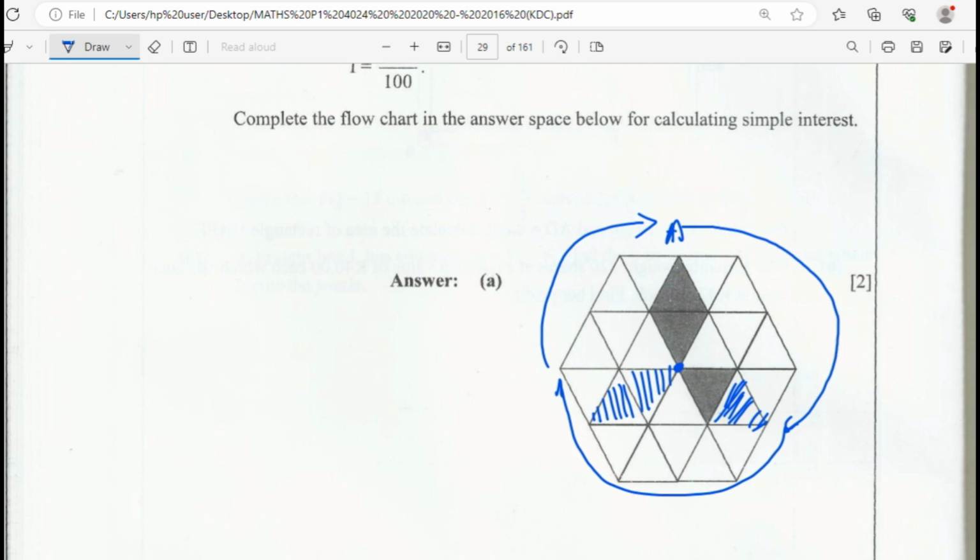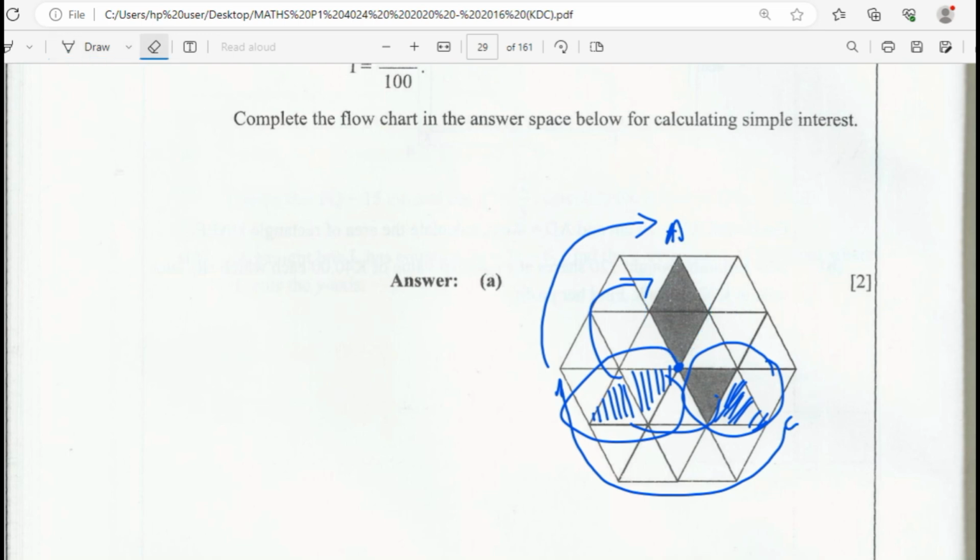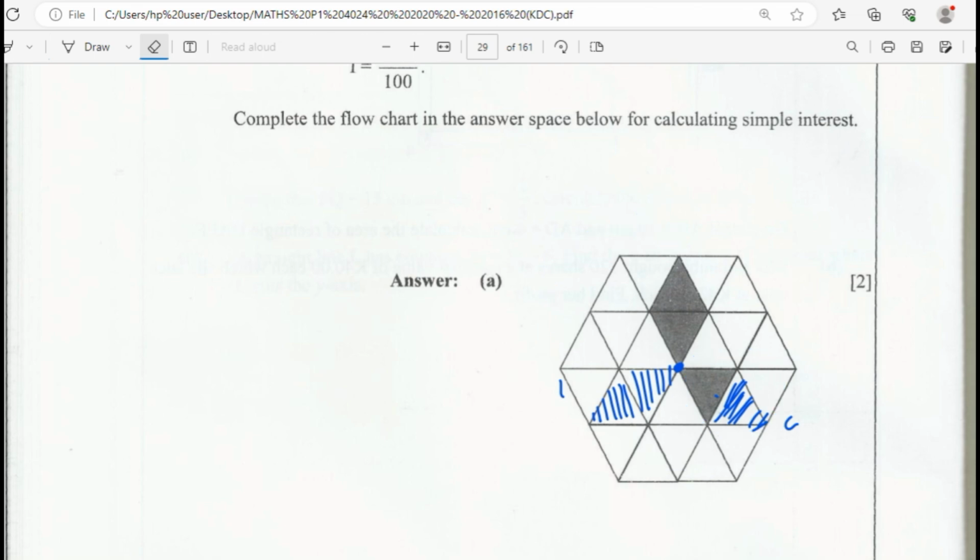So we can see that in the first rotation, this part will go onto this part, then this part will fit on this part, then this part will fit on this part. So you can see how the answer was supposed to be. That is our answer. We just needed these 3 more triangles.